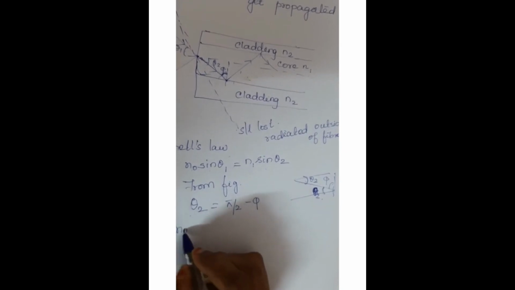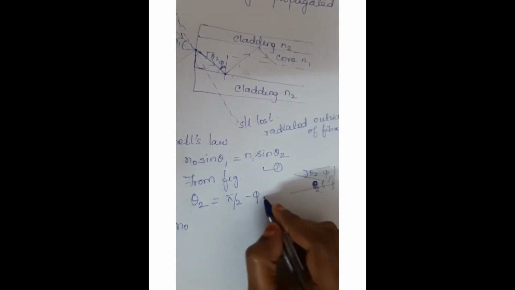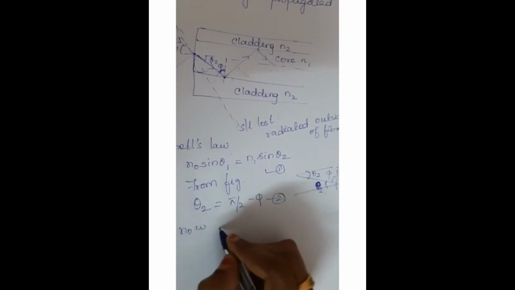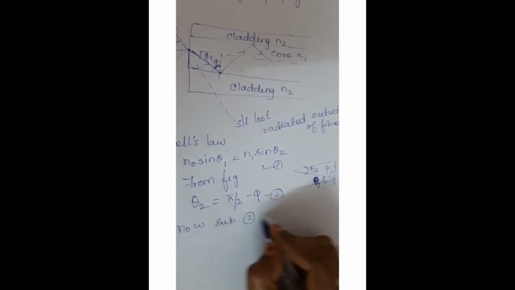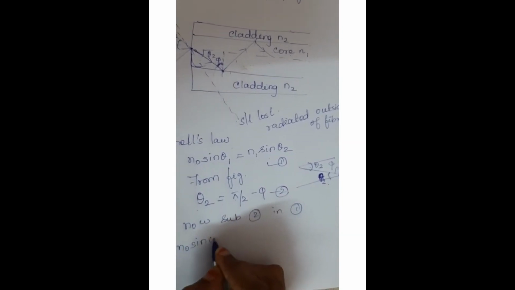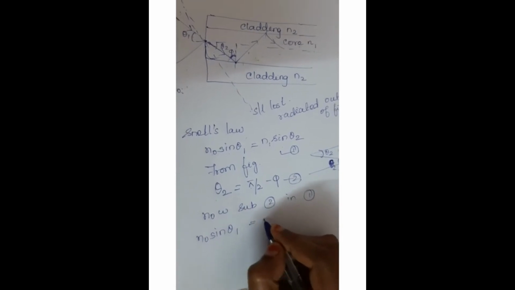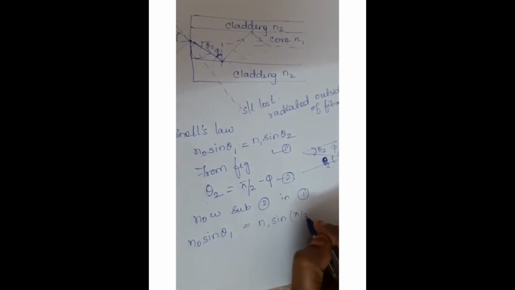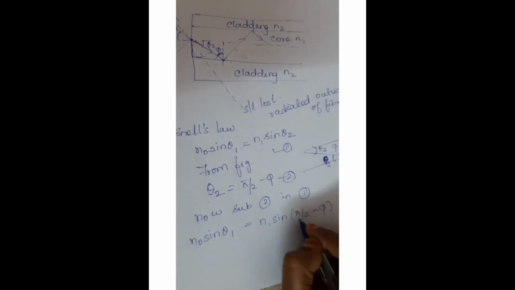Take this as equation number 1 and this as equation number 2. Now substitute equation 2 in equation 1. So n0 sin theta 1 is equal to n1 sin of theta 2, which is pi by 2 minus phi, that is 90 minus phi.